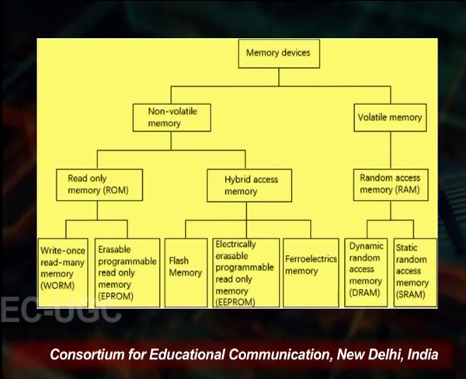First we have seen the chart of the memory devices divided into non-volatile and volatile. Non-volatile is again divided into read-only memory and hybrid access memory. Volatile is the random access memory. After that they are again subclassified.